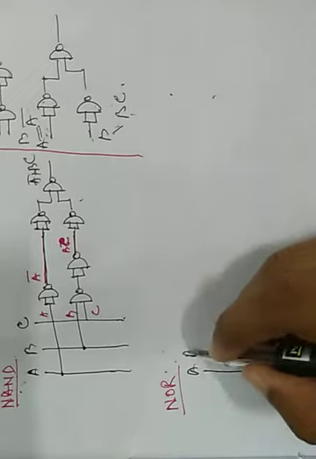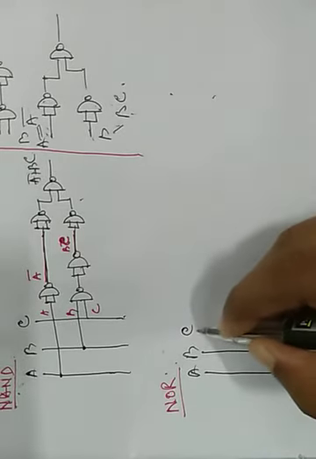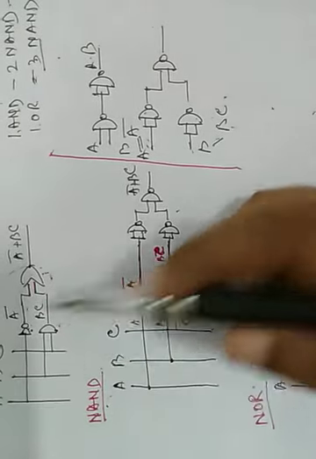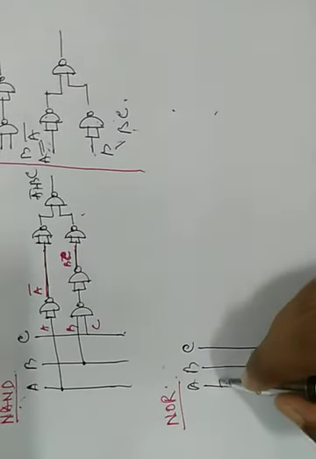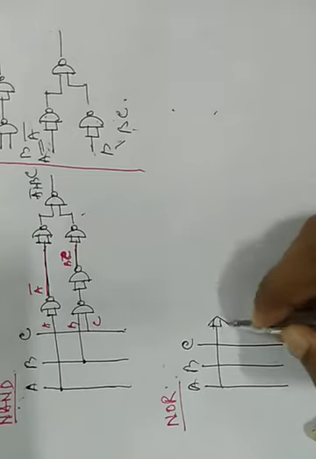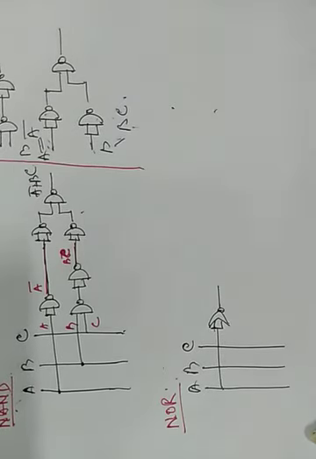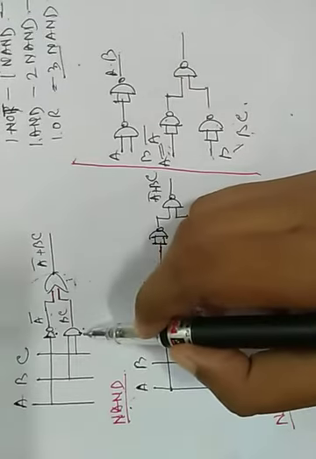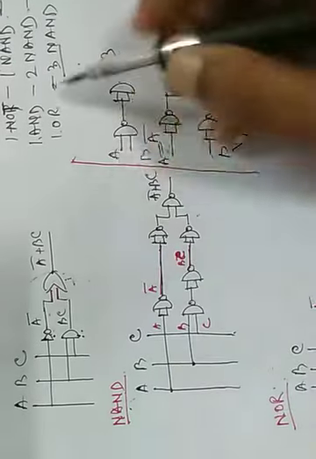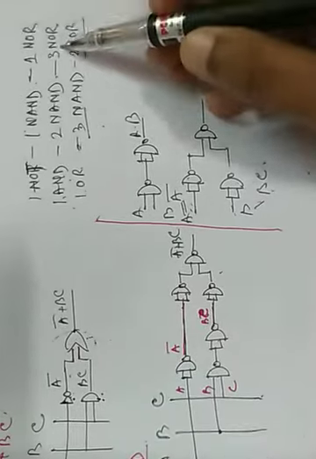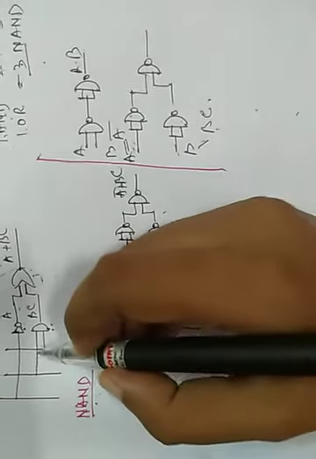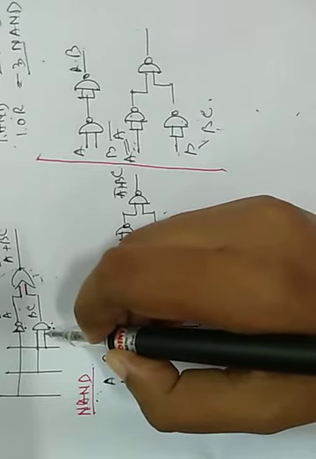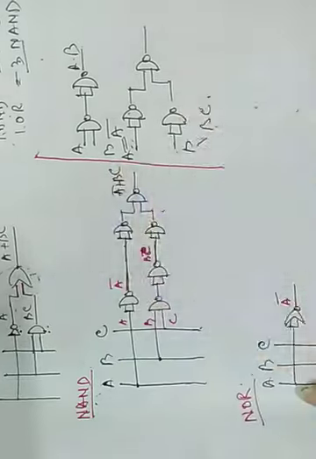A, B, C. Okay, so A, B, C. For A we have to place one NOT gate, giving A bar. For B, C, the AND gate. One AND gate means 3 NOR gates are required. So individually we place one NOR gate for each input line, then those outputs pass to another NOR gate.